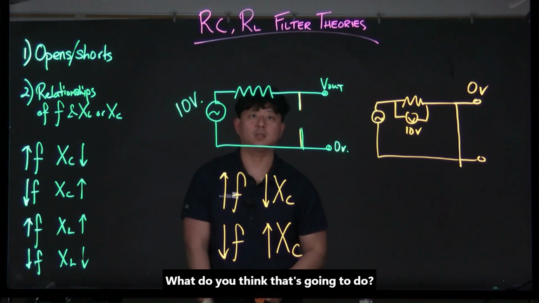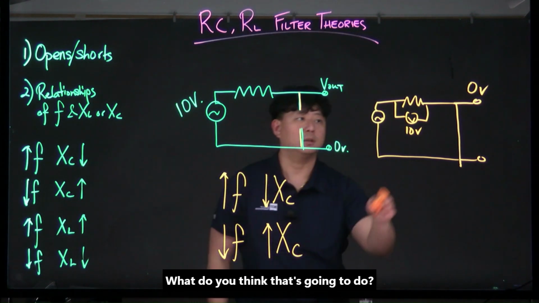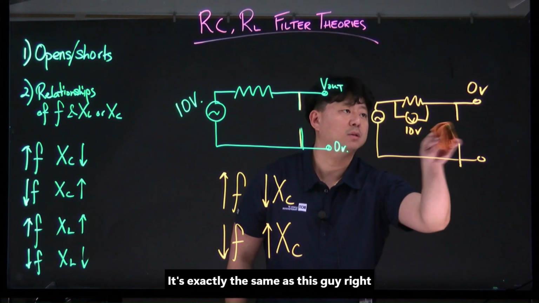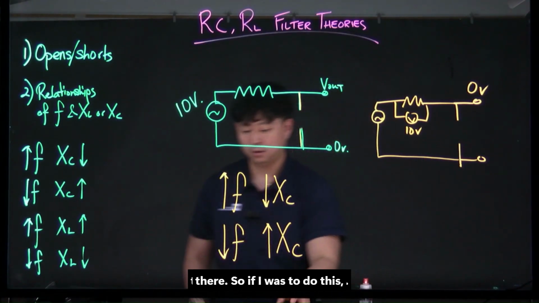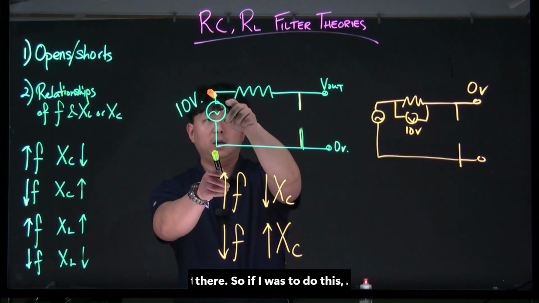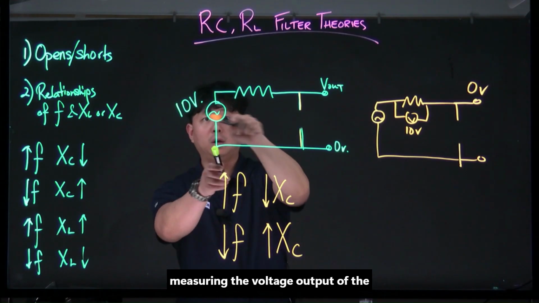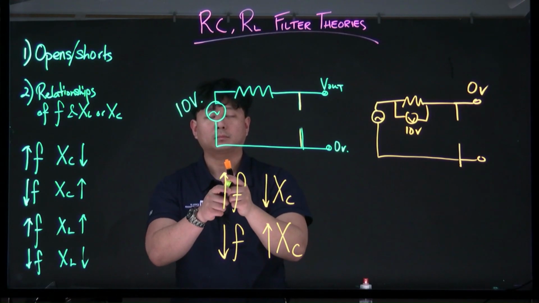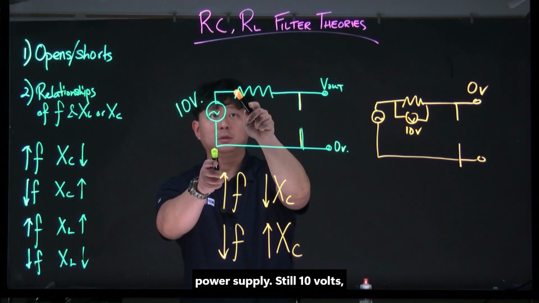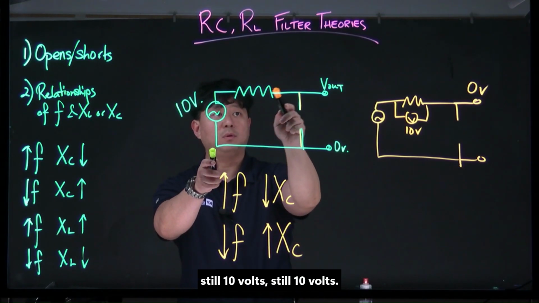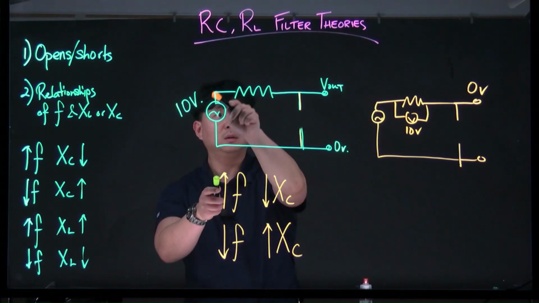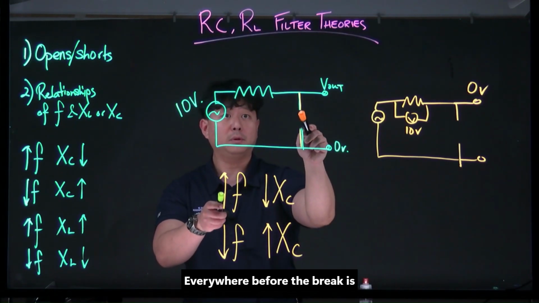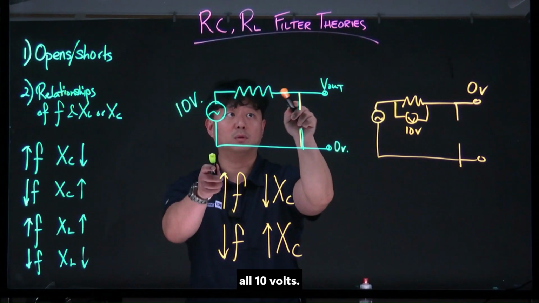What do you think that's going to do? Exactly the same as this guy right there. So if I do this, I'm reading 10 volts, right? I'm measuring the voltage output of the power supply. Still 10 volts, still 10 volts. Everywhere before the break is all 10 volts.